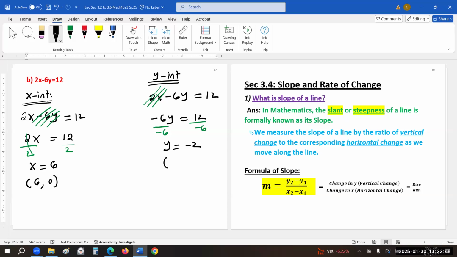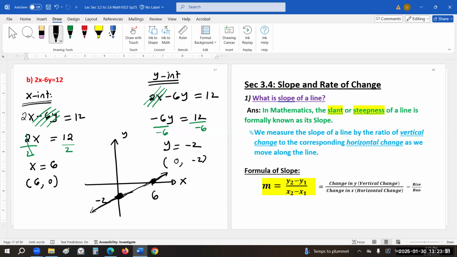Point? Perfect. 0, negative 2. So when we plot the x-intercept on the x-axis, which is 6, and the y-intercept, which is negative 2, you plot them, and then you connect them with a straight line. Is there anybody who doesn't have this line? Has something different? Anyone? No?